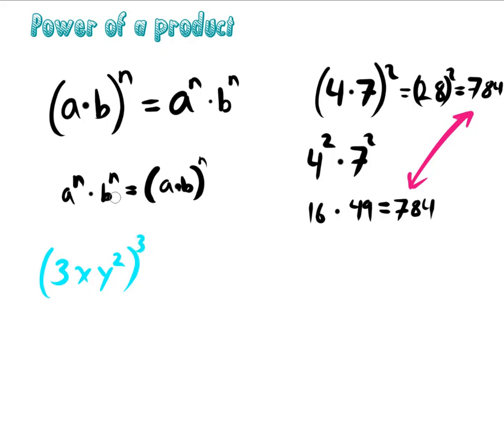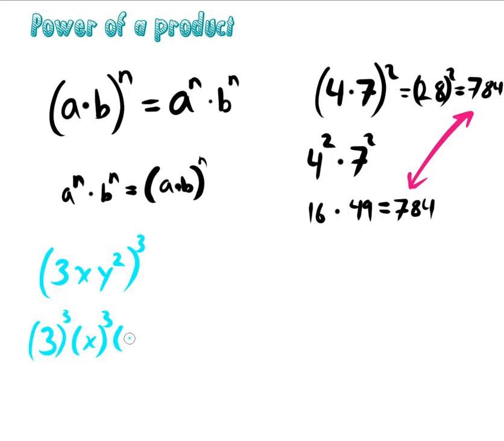What this is telling me is I can take all of these and raise them to the 3rd power. I get my 3, and I can raise that part to the 3rd power. I have my x, and I can raise that part to the 3rd power, because all of these are multiplied times each other.